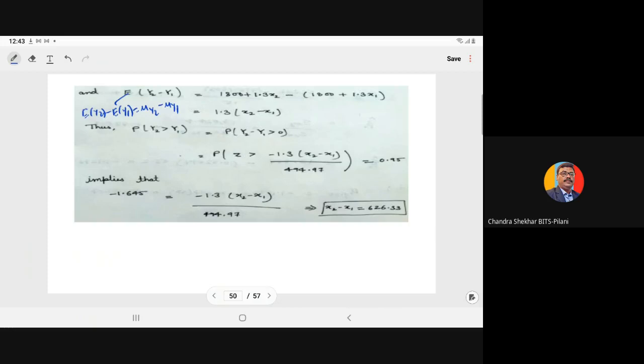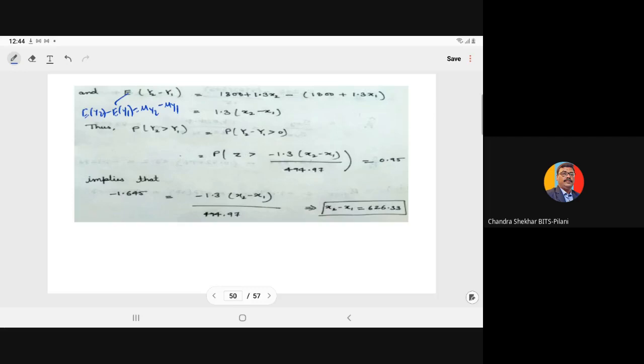From the given linear equation, it will become 1800 plus 1.3 x2 minus 1800 plus 1.3 x1, so it will become 1.3 into x2 minus x1. The probability of y2 greater than y1 is equivalent to the probability of y2 minus y1 greater than 0, so on both sides we subtract the mean of y2 minus y1 and divide by its standard deviation.